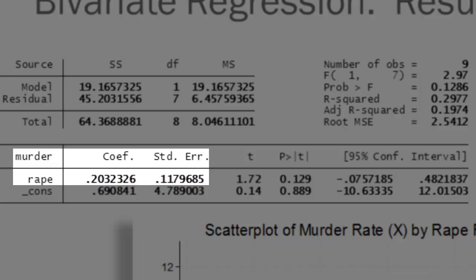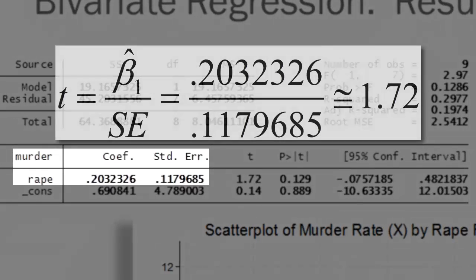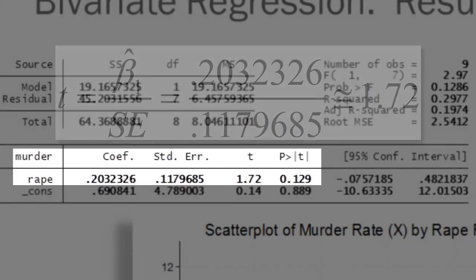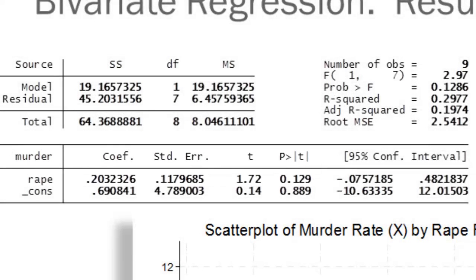If we take the ratio of the regression coefficient to its standard error, 0.203 divided by 0.1179, we get a t statistic, and that's given in this table. The t statistic here is 1.72, and the p-value is 0.129. So regardless of whether I use the t statistic or the p-value, I'm going to fail to reject the null hypothesis.